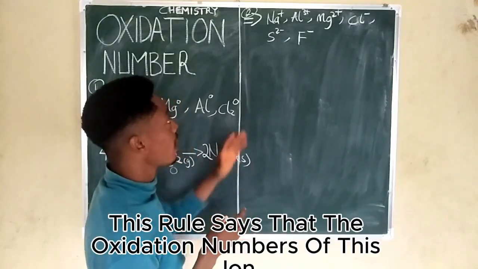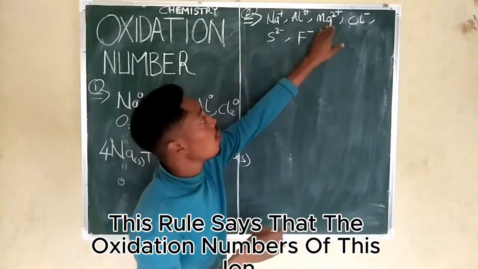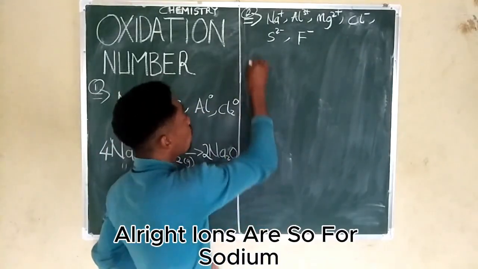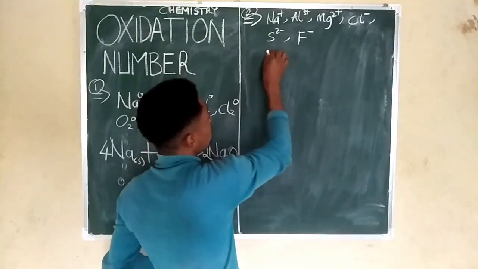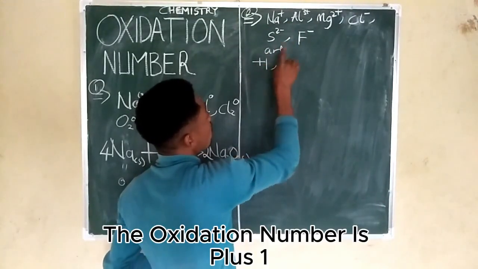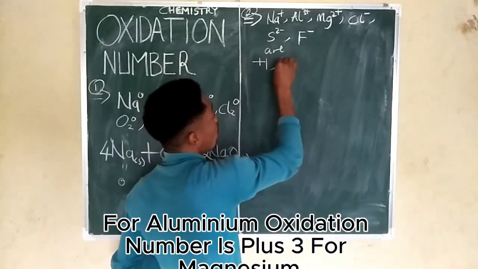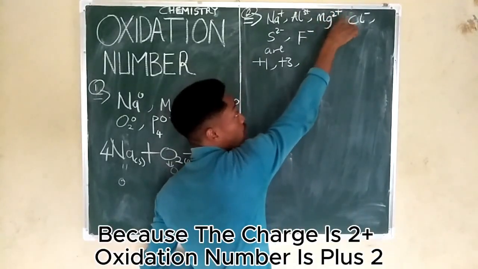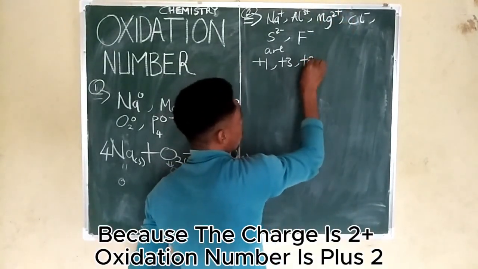So this rule says that the oxidation numbers of ions are as follows. For sodium, the oxidation number is +1. For aluminum, the oxidation number is +3. For magnesium, because the charge is 2 plus, the oxidation number is +2.